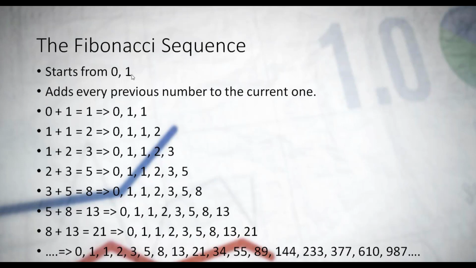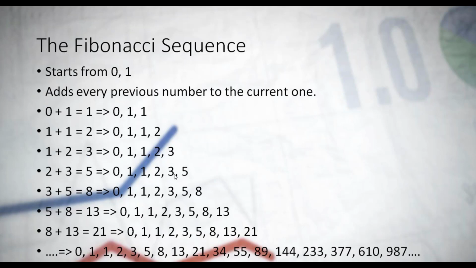So when we start with 0 and 1, we add 0 to 1 and we get the next number, which is again 1. Then we add 1 to 1 and we get the fourth number, which is 2. Then we add the number 2 we received to the previous number, which is 1, and we get the next number in the sequence, 3.